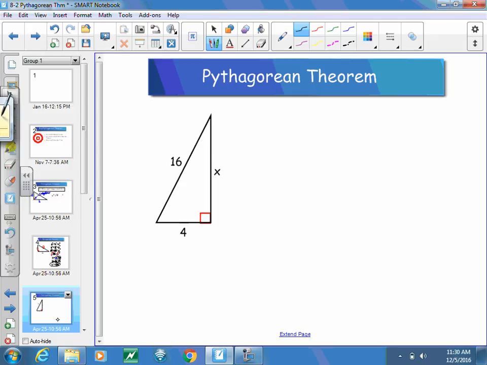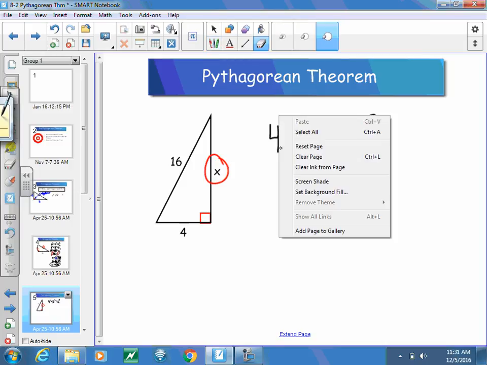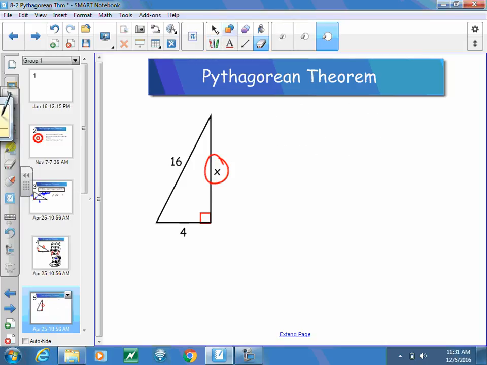All right, the next example that I have here is solving for x once again. But you'll notice that x now is one of your legs and not the hypotenuse. Oftentimes I'm going to see people write this out as 4 squared plus 16 squared equals x squared. x is not your hypotenuse in this case, so we need to be very careful of that.